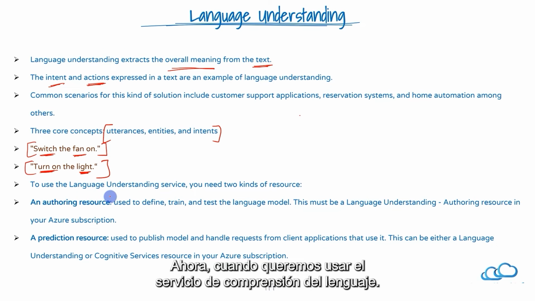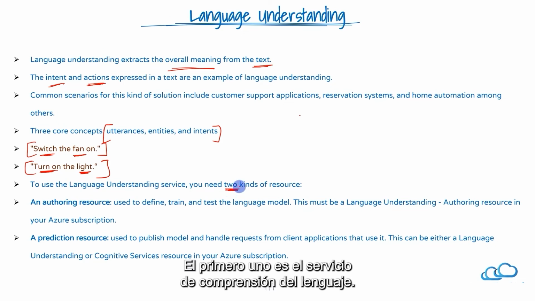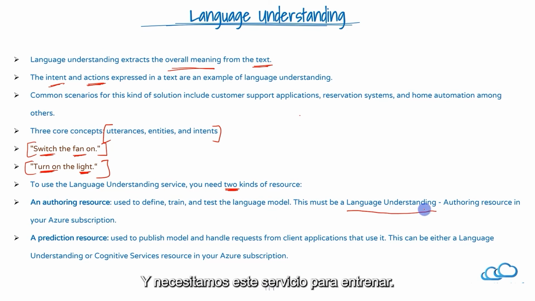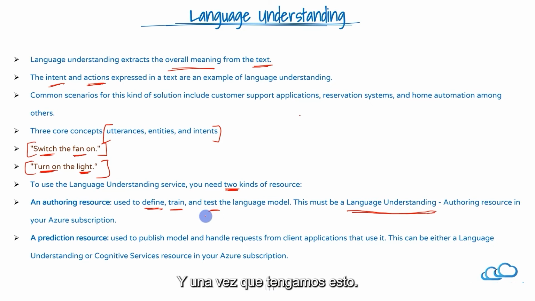Now, when we want to use the language understanding service, we need to create two resources. The first is the language understanding service, which we need to define, design, train and test our language model.